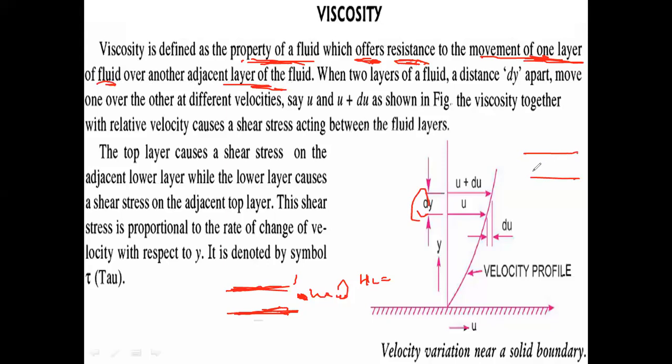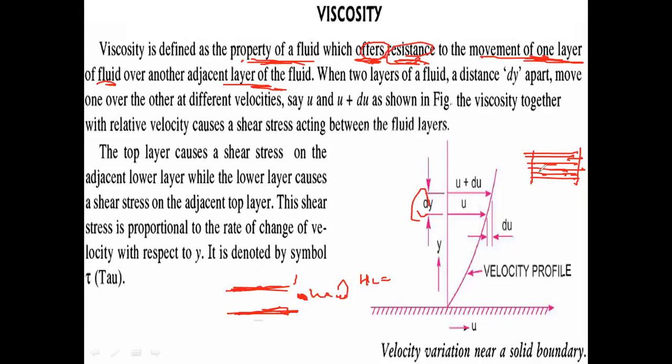If we divide this entire fluid into different layers, if you picturize this particular fluid region in different layers, then we may observe that one layer of the fluid is offering resistance to the movement of another adjacent layer.